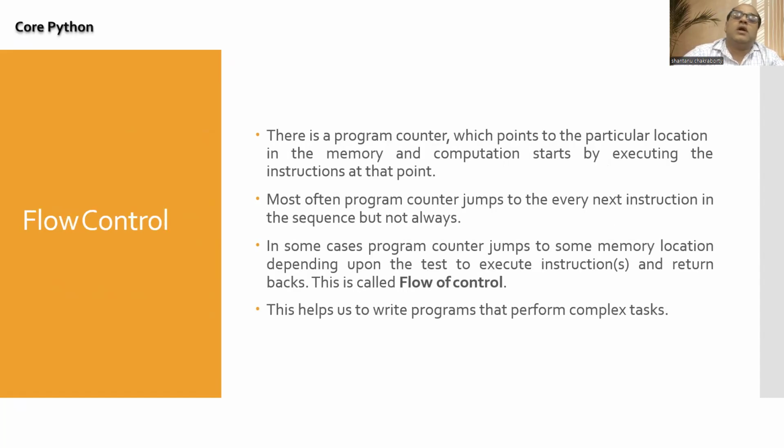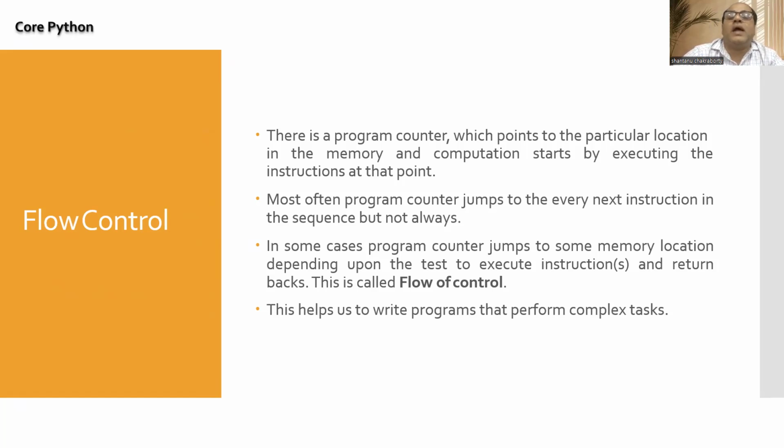Then comes the flow control. There is a program counter which points to a particular location in the memory, and computation starts by executing one instruction at a time. So basically the flow control mechanism in a program is where you jump to some memory location and execute the program instruction, and this is called flow control.